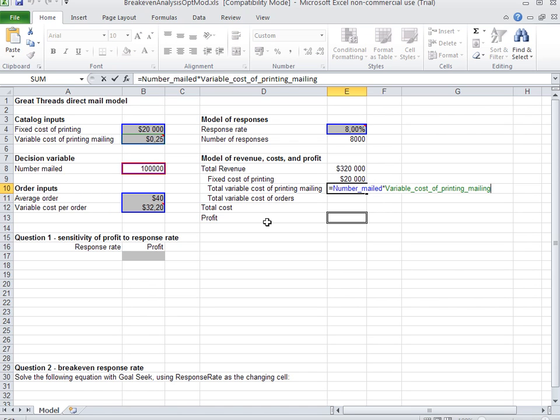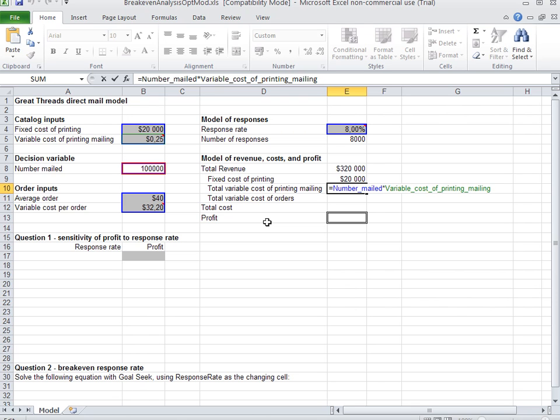So we have the fixed cost of setting up the operation, or purchasing a printing operation from our business partner, and we have that variable cost, which also is part of our printing and mailing process. That depends on how many we mail.